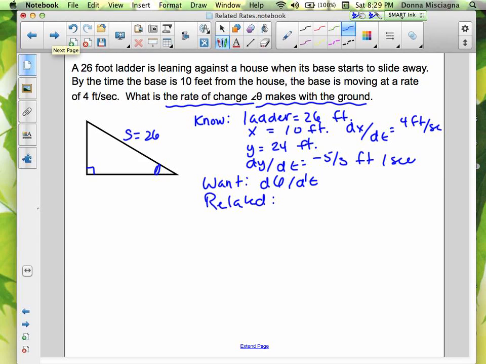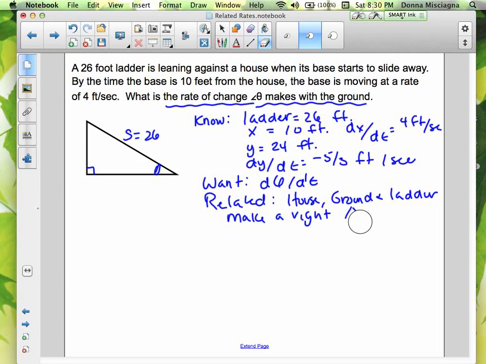So the house, ground, and ladder make a right triangle. So what we can use to solve are trig ratios, because this is a right triangle and we're dealing with an angle. So they're related using a trig ratio.